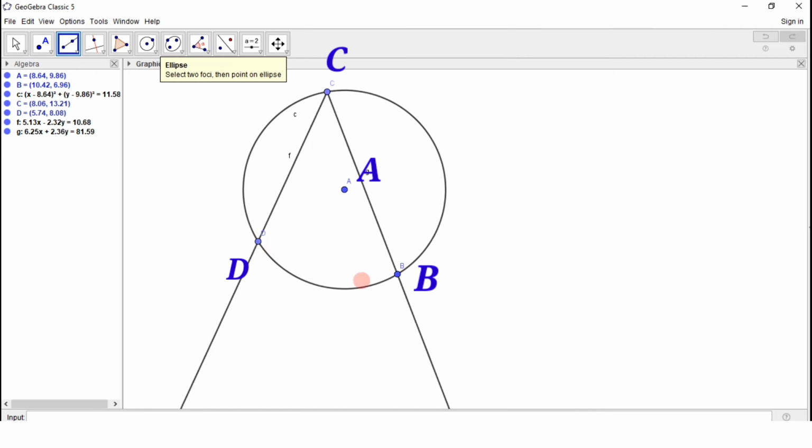So this arc is called the intercepted arc. That is, we say that arc DB is intercepted by angle DCB as it is in the interior of angle DCB. So arc DB is the intercepted arc and angle DCB is inscribed in arc DCB.